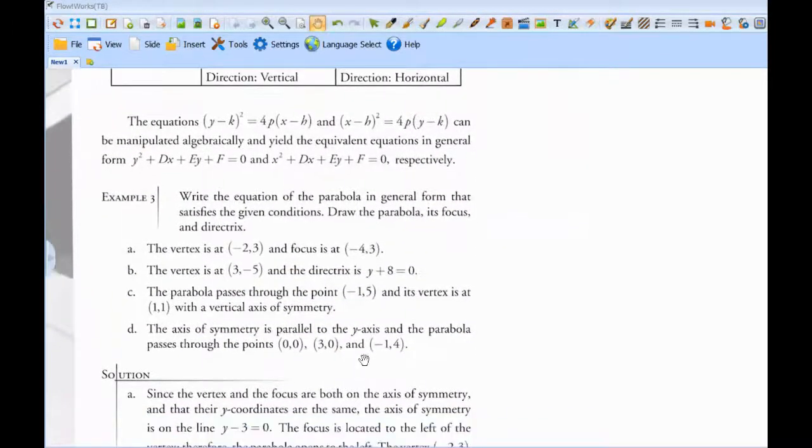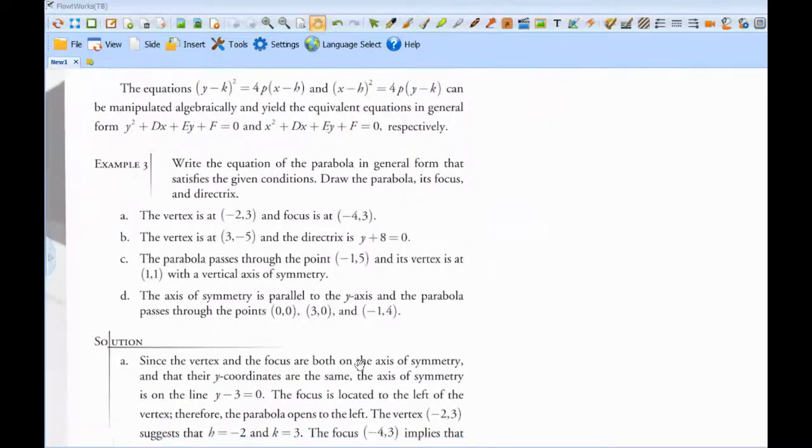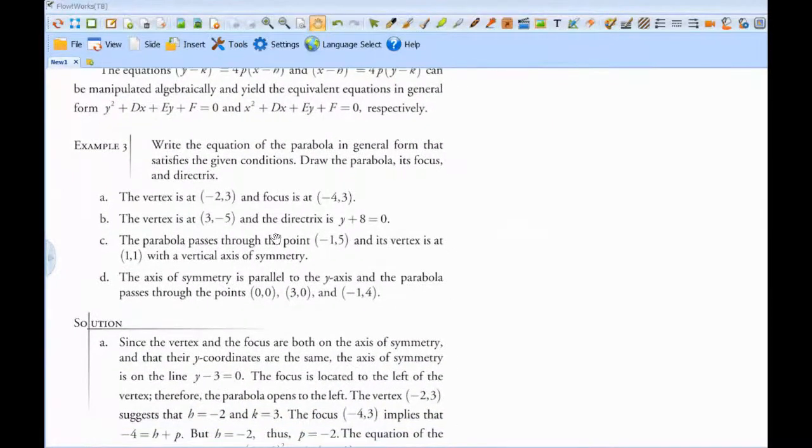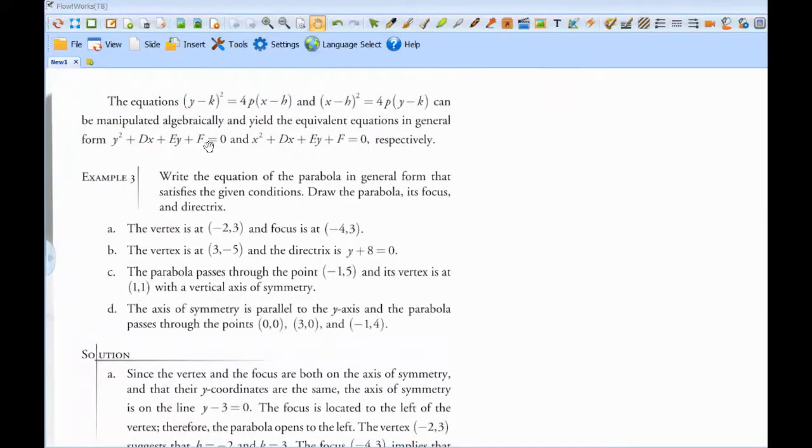So let us try again the example so that we can repeat and recall. We have two rules for the equation of the parabola here, right or left, up or down, when p is bigger than 0 and p is less than 0.